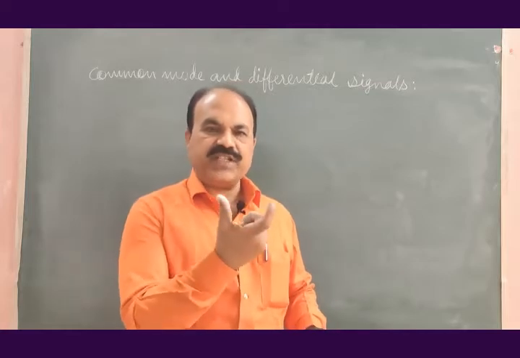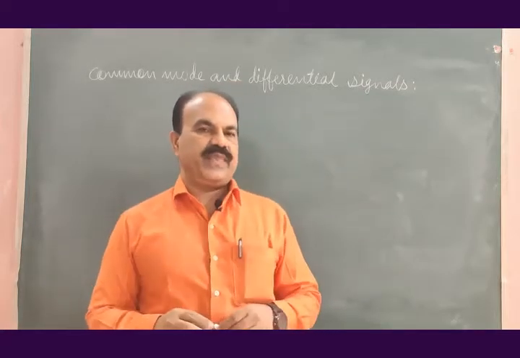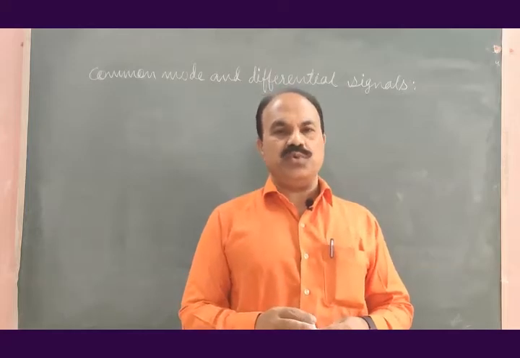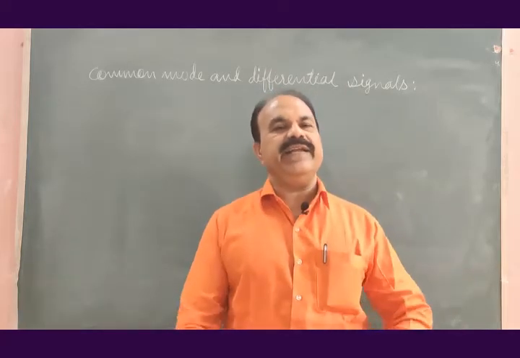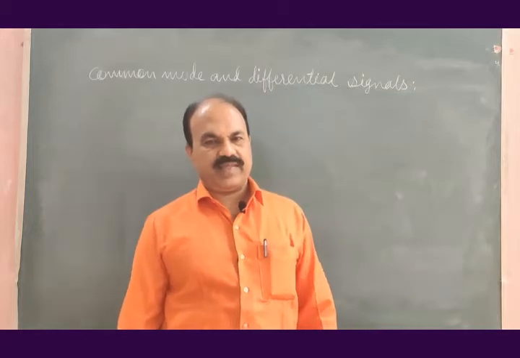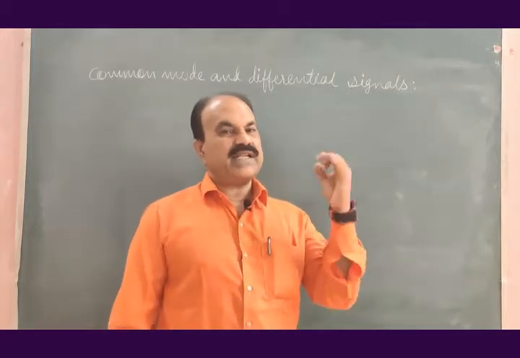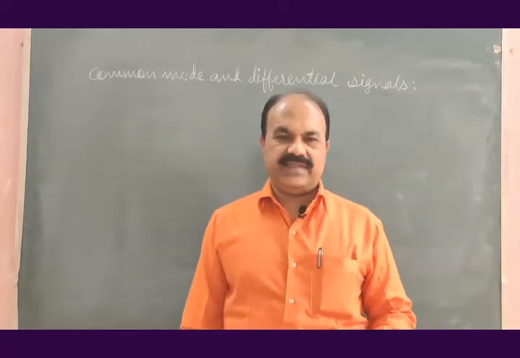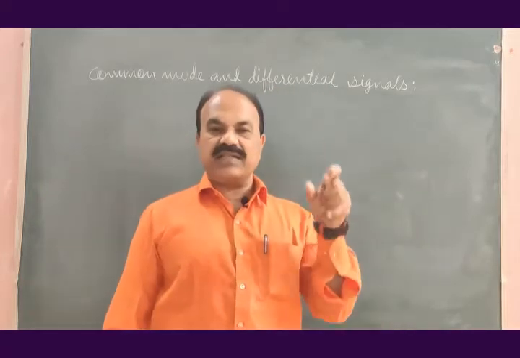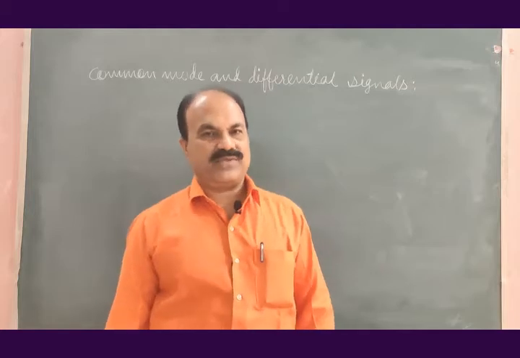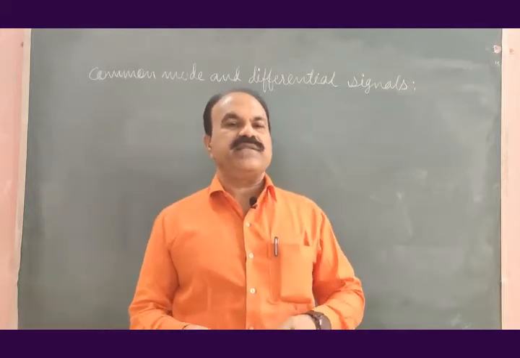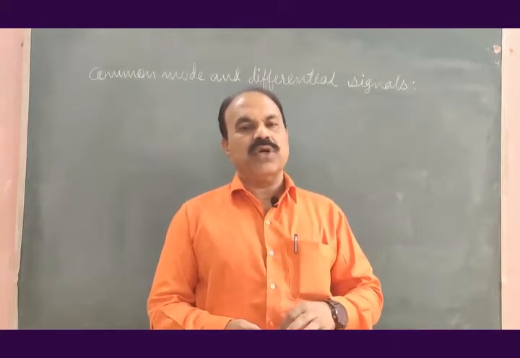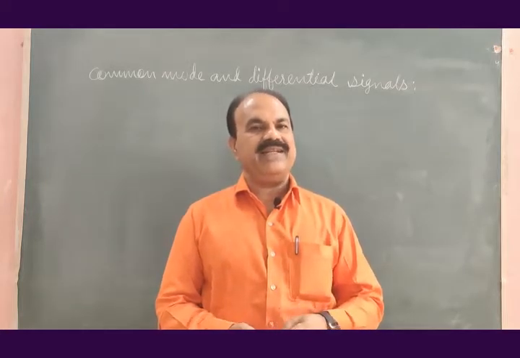If voltage is taken between these two collectors, that output is known as balanced output or double-ended output. The output voltage can also be taken at the first collector with respect to ground, or at the second collector with respect to ground. This is known as unbalanced output or single-ended output.